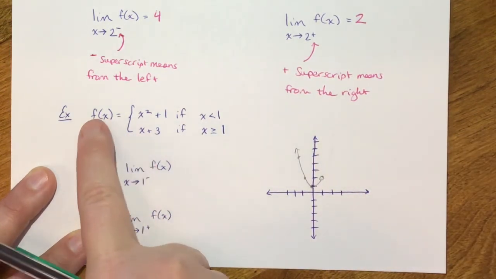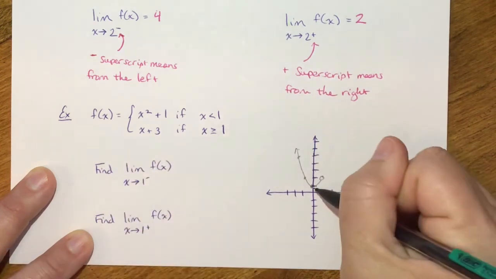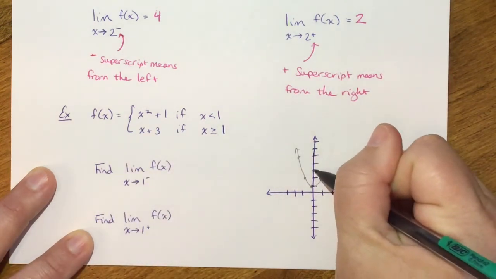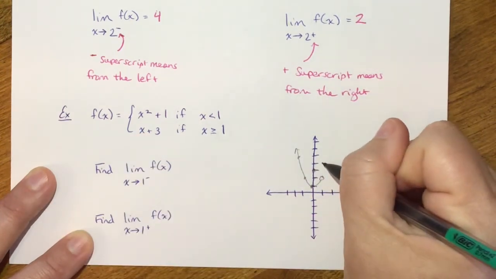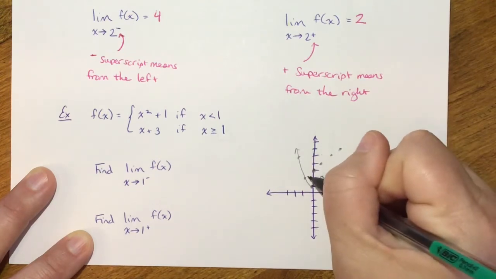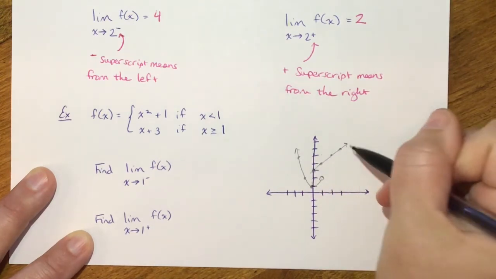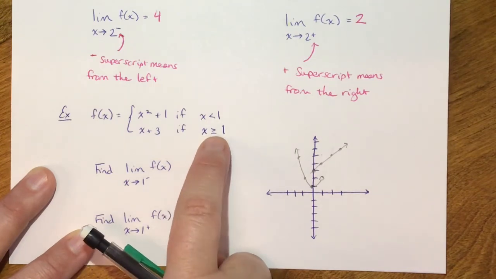Now, f of x or y equals x plus 3, that's a line. Y-intercept at 3, 1, 2, 3, and then I have a slope of 1. So I'll go up 1, right 1, up 1, right 1, up 1, right 1, and so on. There's that line. Again, I don't want to keep that whole line. I only want to use it for x values that are greater than or equal to 1.